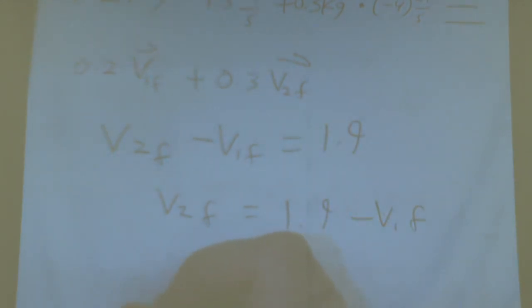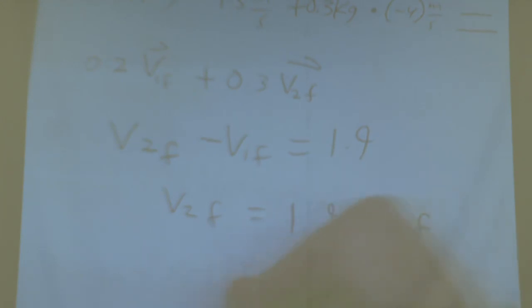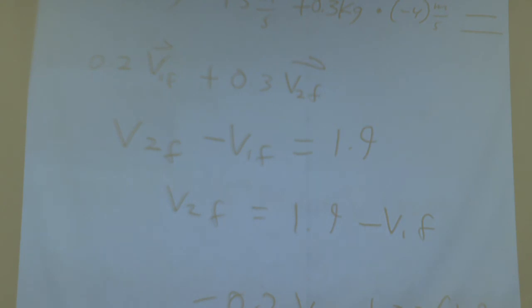So 0.2 v1f plus 0.3 times (1.9 minus v1f). So what we did is we got rid of one of the extra variables. Okay, this still equals all of this stuff up here.